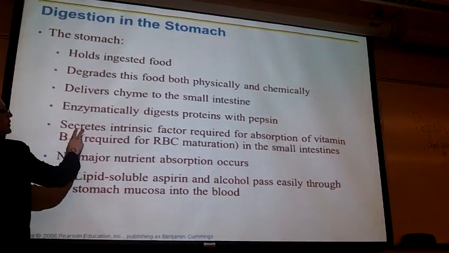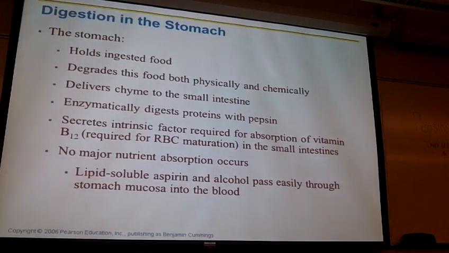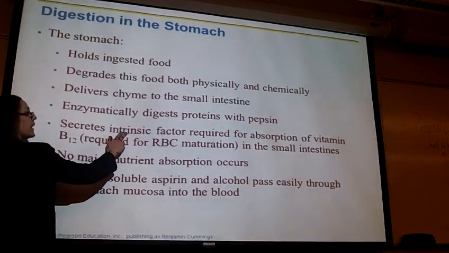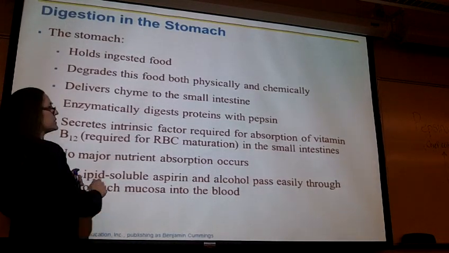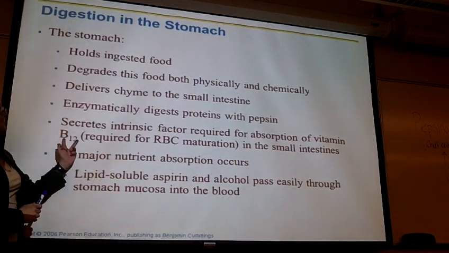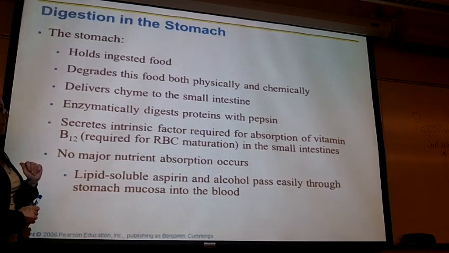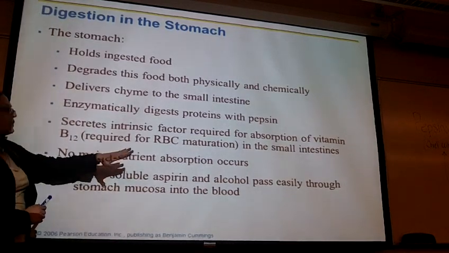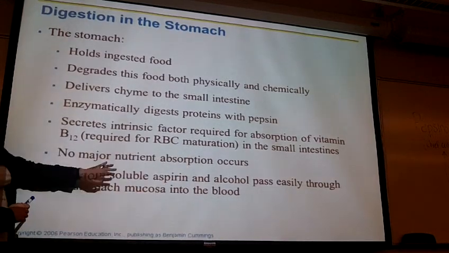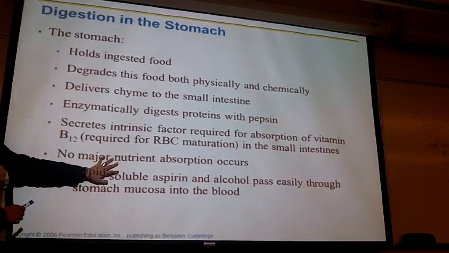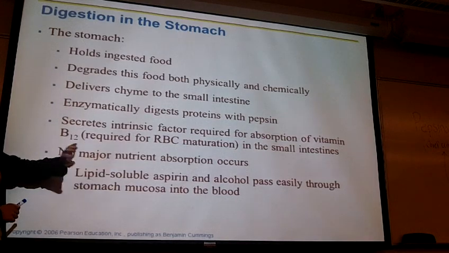The stomach is going to secrete intrinsic factor. Again, it's not going to be active until it hits the small intestine. And at the small intestine, it's going to allow for absorption of vitamin B12. In the stomach, your major nutrient absorption happens here. So we're not going to absorb any carbohydrates, any glucose.